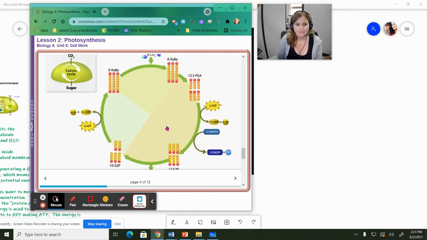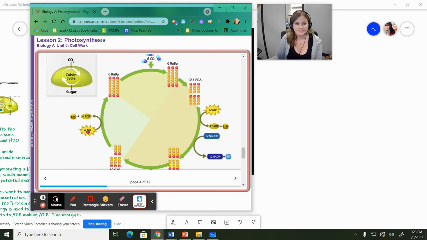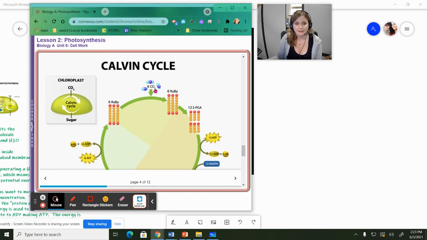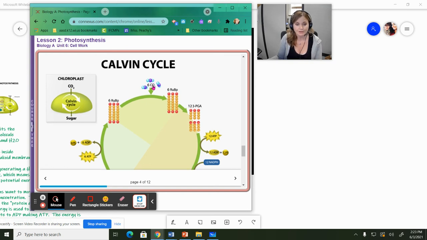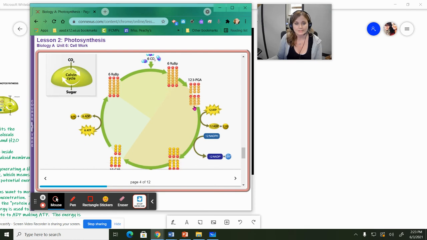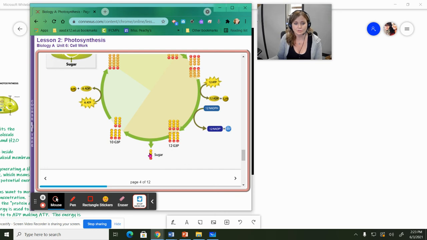So the energy that is kind of stored in the ATP and the NADPH, combined with carbon dioxide that is brought into the plant through those stomata that we talked about earlier, is then used to assemble a series of different carbon molecules that eventually ends up being sugar.